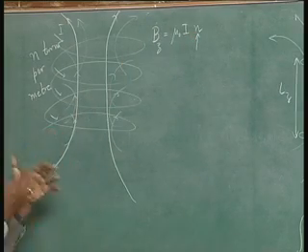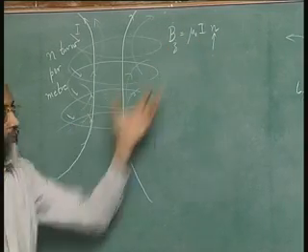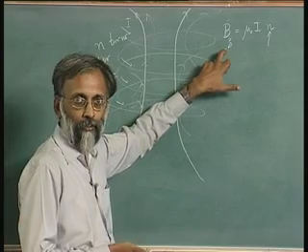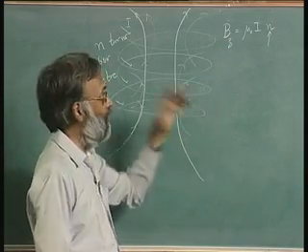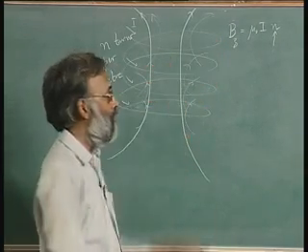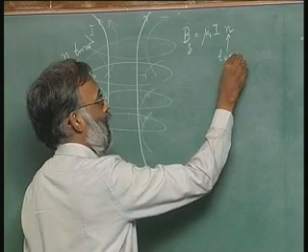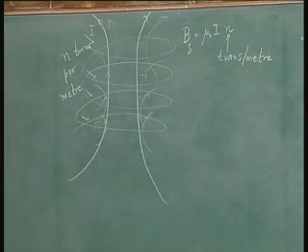So, if you tightly wind this solenoid, you get a strong magnetic field. A solenoid could have 400 turns and the B field is not 400 times, not if the 400 turns are stretched over 10 meters. Then it is only 40 turns per meter, so the magnetic field is only 40 times. So, this n is turns per meter and not total number of turns.